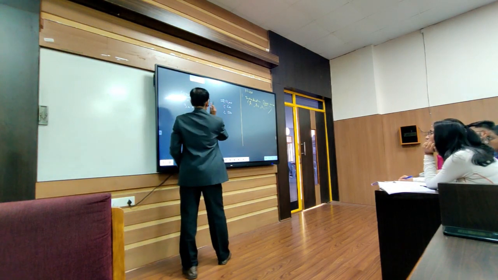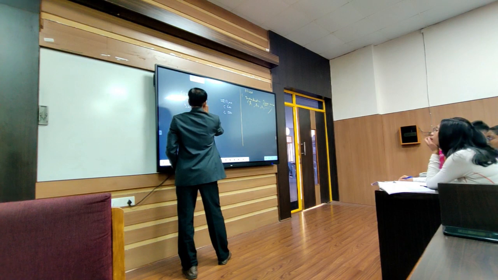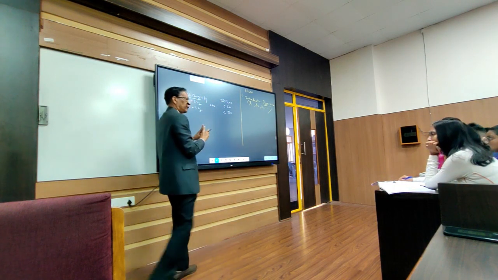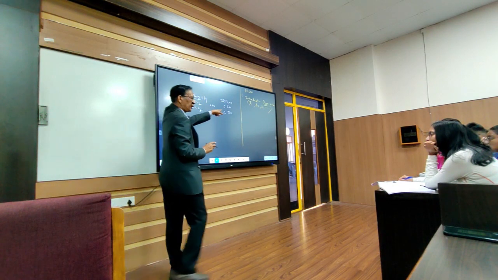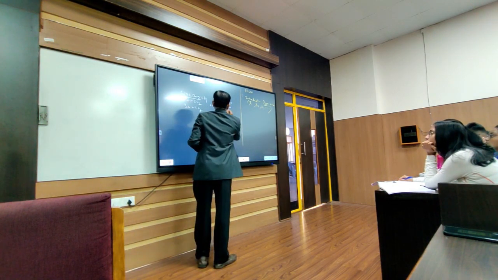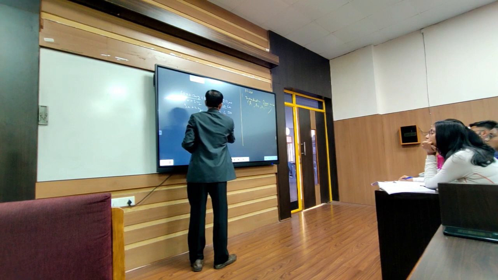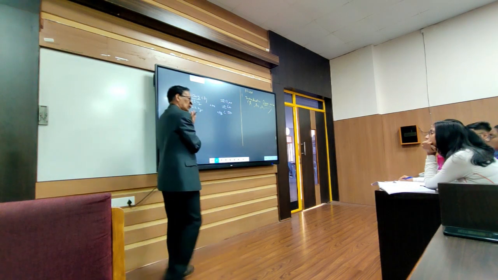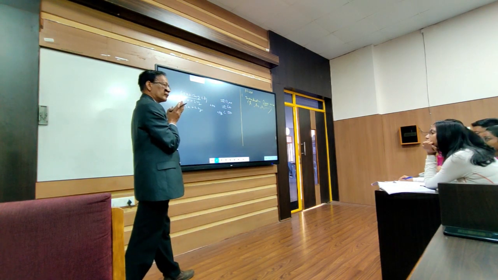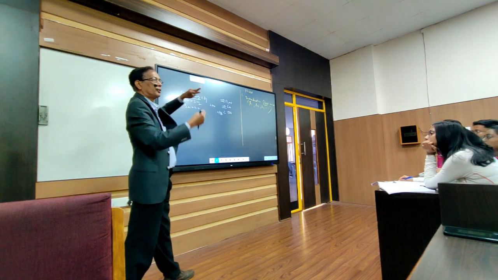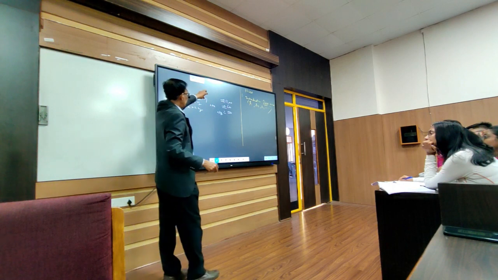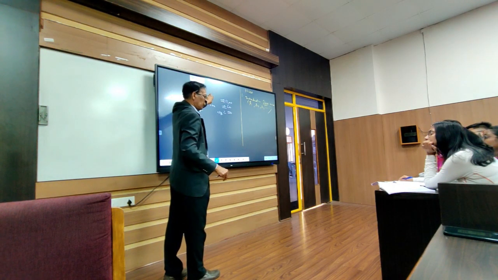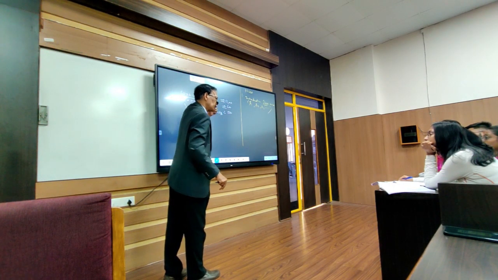Similarly, look here. Deliberately I take 8x plus 5y plus s2, slack variable number 2. This will be equal to. I have introduced 3 slack variables for 3 conditions. This is the waste of resource 1, waste of resource 2, waste of resource 3.